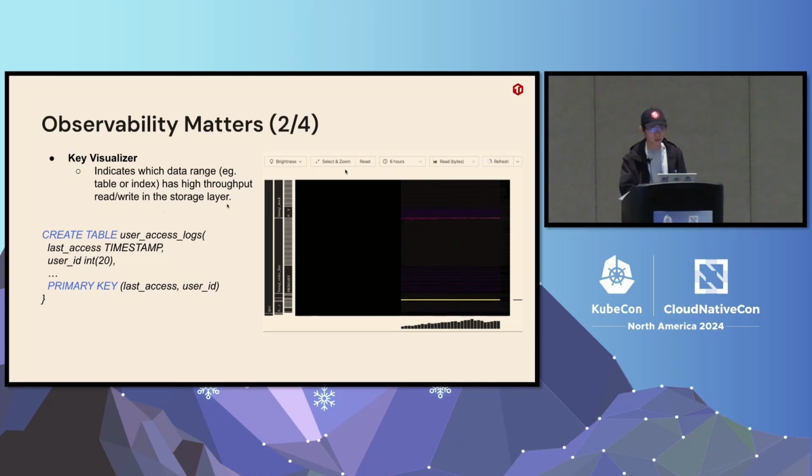So we introduced the key visualizer, which can show the throughput of different data ranges. From this picture, you can see there is a bright line, which means this data range has high throughput. And you can tell which database, which table, and which index caused this issue.